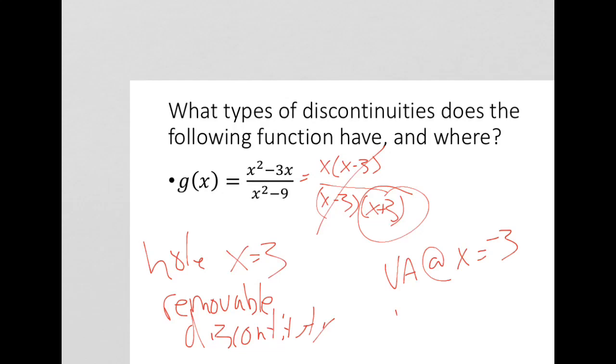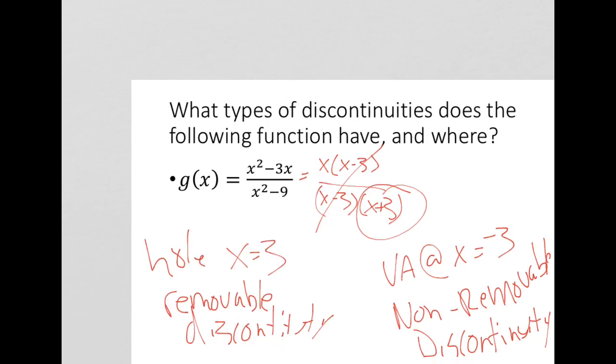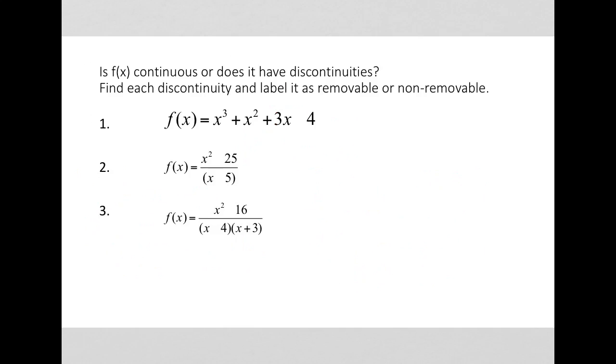And a vertical asymptote is a non-removable discontinuity. And again, think about how we find limits of functions like this. We can remove the hole and evaluate the limit for the modified function, but we cannot remove a vertical asymptote. It is part of our function. It is non-removable, and there you have it.